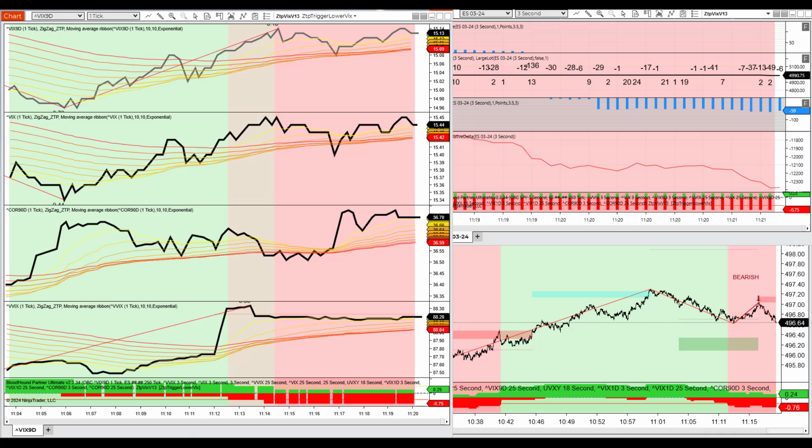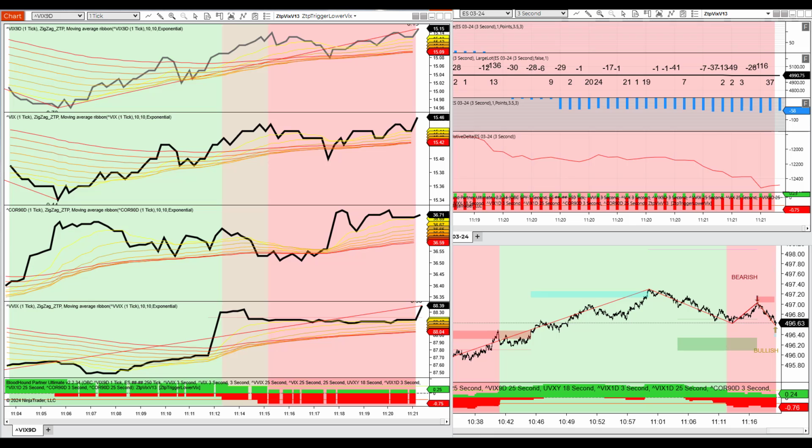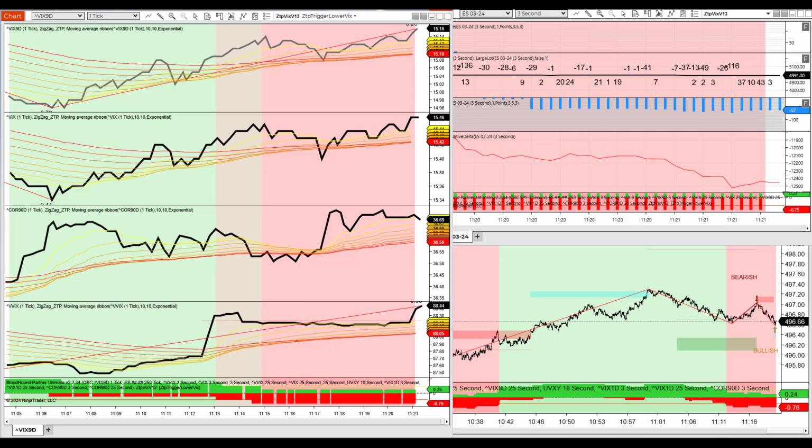Okay, from that successful short trade, we're going to see a bottom being put in right here. There's our accumulation divergence signal. We also have special divergence there now too.